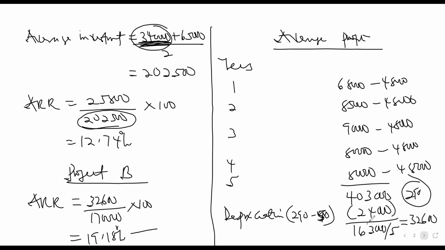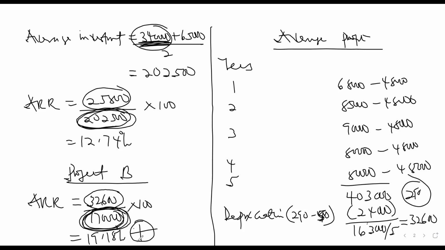If the denominator is higher, it means that if your numerator is low or is not that high, you'll be having a lesser amount. Look at this one. You can see that this is 32,600 against this one. There is not much difference, but the difference between the average investment is the one that is having the greater impact.